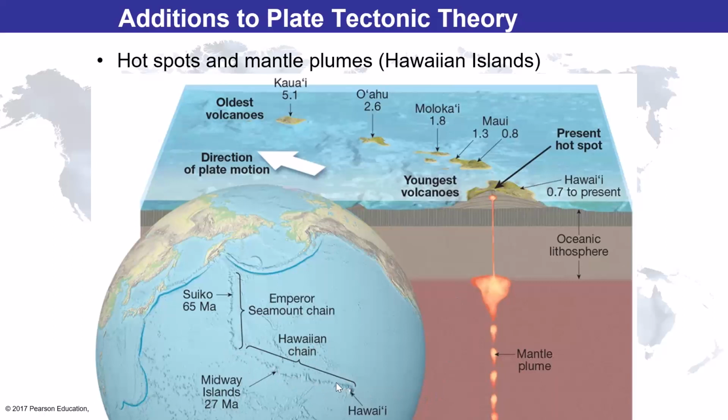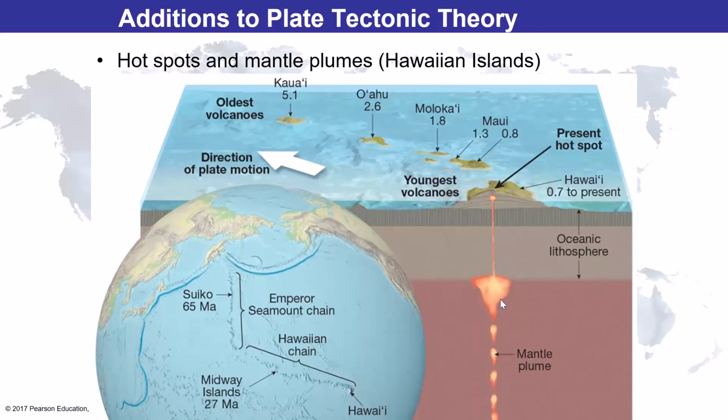We think of Hawaii as these islands right here, but you can see the evidence of this hot spot, which has existed in this location, has created all of these island chains because the plate has been moving across this location.